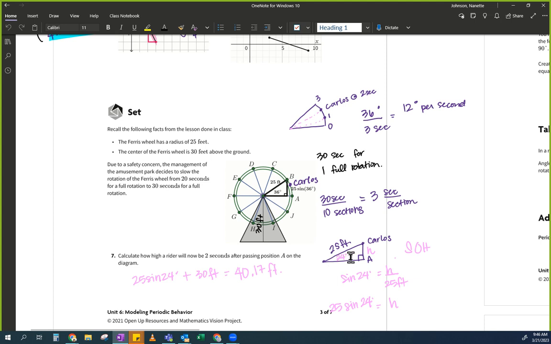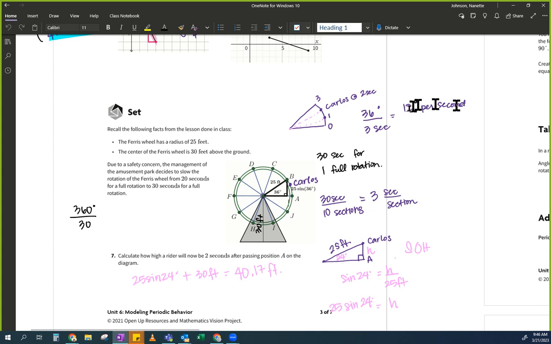There's other ways that you could have figured out 24 degrees. Like you could have said, since there's 360 degrees in the whole circle, and it takes me 30 seconds, I could have just divided, here's an alternative way. I could have divided 360 degrees divided by 30 seconds, because then I would have gotten 12 degrees per second.